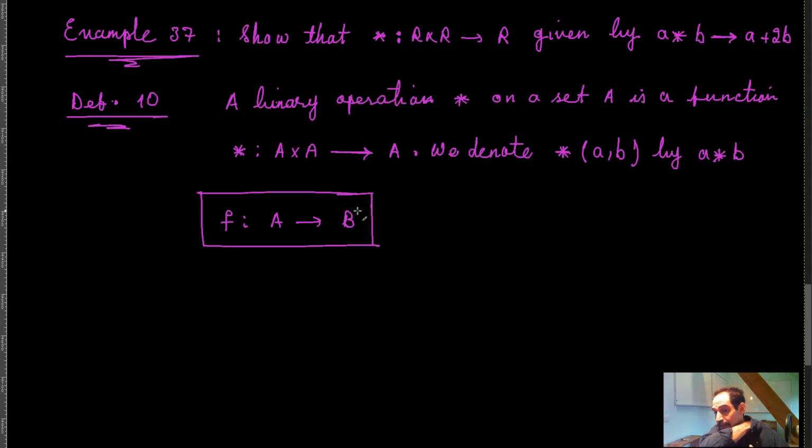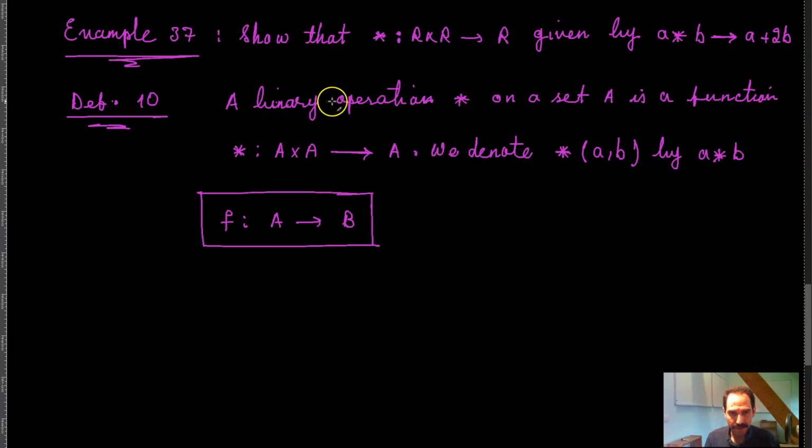Now, this is a general definition, definition number 10: you have some function from the Cartesian product of some set to the set itself.